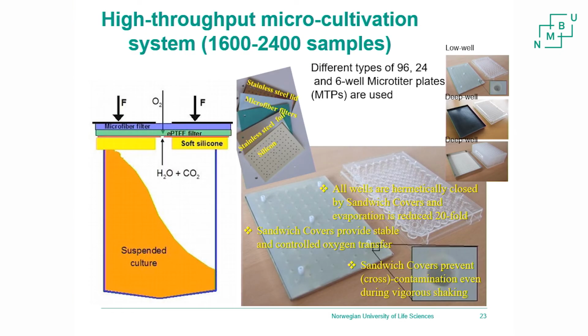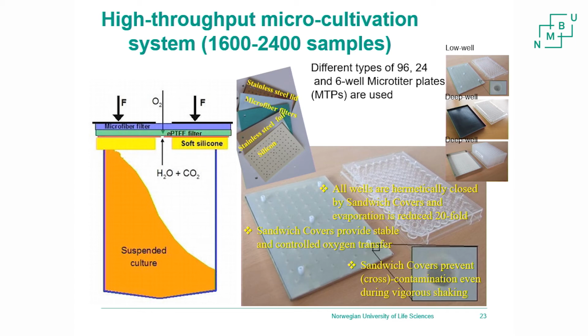Let's look a bit closer at the high throughput microcultivation system, which can have a throughput of up to 2,400 samples in the same cultivation run. The system consists of the following components. The first component is the microtiter plates, and here you see different types of plates which can be used.